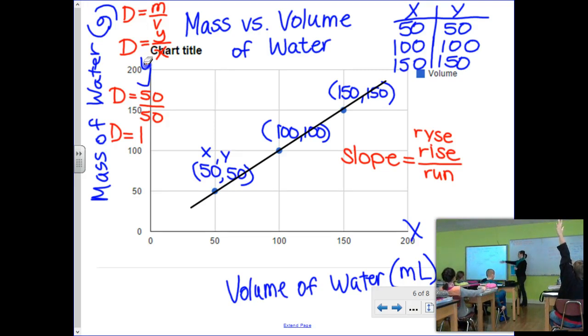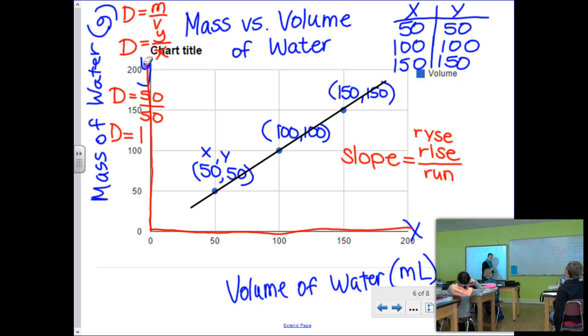Is there anything on our graph that might be rising and running? The rise would be the y-axis, and the run would be the x-axis. See how the y-axis is rising on your graph, and your x-axis is running along your graph? You run horizontally, and then you rise vertically.